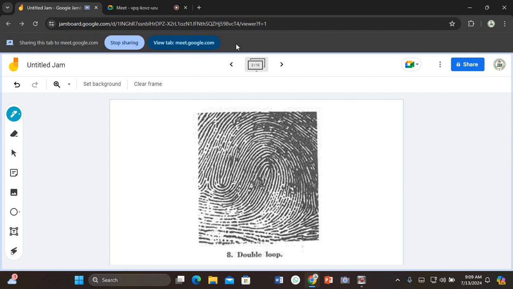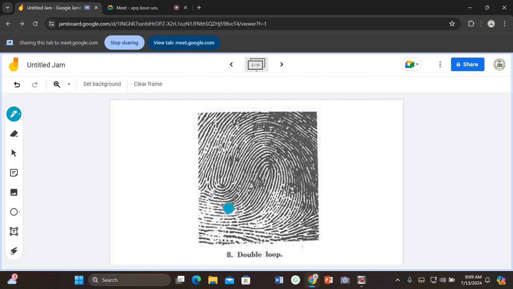We said we have about three groups: the first group is arch, the second group is loop, and the third group is whorl. We have discussed the first group, which is arch, and the second group, which is loop, extensively. And now today we are on whorl. So the third group, which is whorl, is what we are discussing.